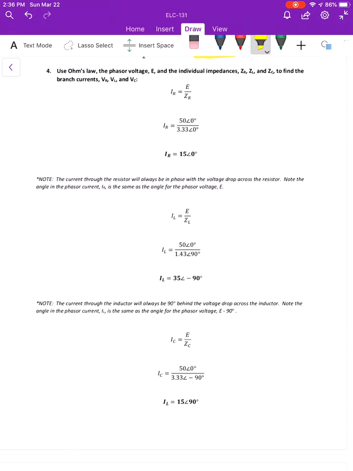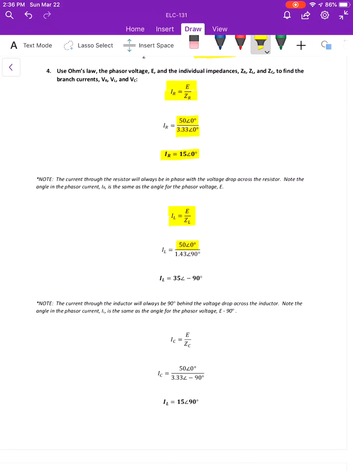Okay, so for the current through the resistor, we're just going to take our source voltage in phasor form, 50 at 0 degrees, and divide by our resistor impedance, 3.33 at 0 degrees. 50 divided by 3 1/3 gives us a current of 15. 0 minus 0 degrees gives us 0 degrees for our resulting current phase shift. For the inductor, same thing.